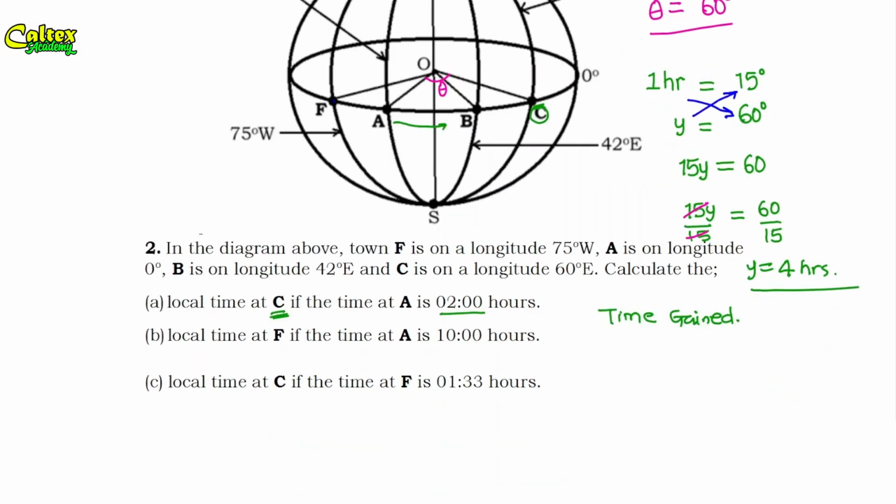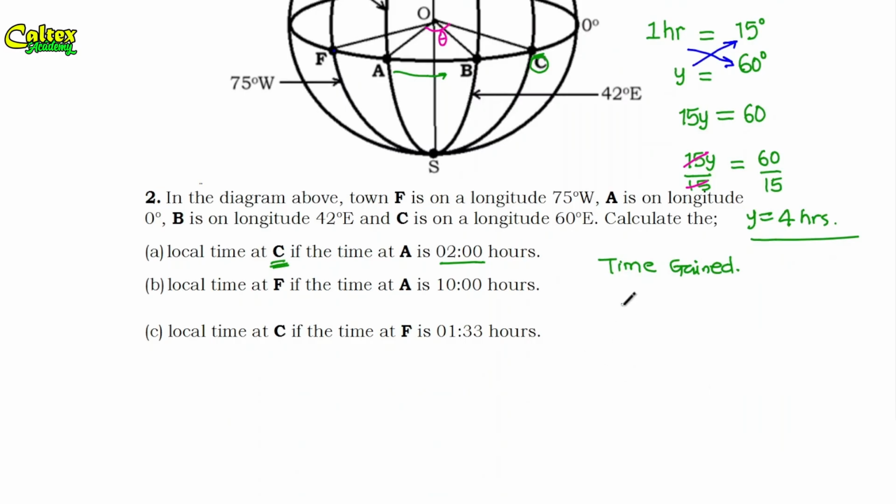So let's get more space to work this out, and we have 02, 00 hours. We have to write in the same way. So we have here 04, 00 also hours. So since it is time gain, we also sum together and we obtain our results as 06, 00 hours.